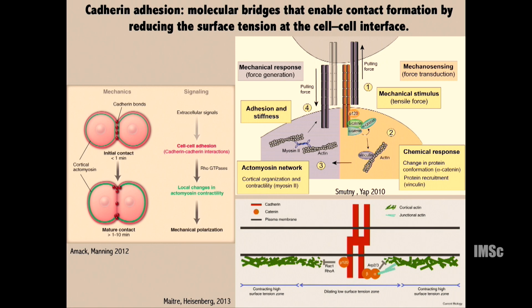So adhesion is another important component of the membrane that can modulate the mechanical properties of the membrane somewhat locally. By that I mean that the formation of these bonds can alter contractile forces generated by the cytoskeleton differentially at the point of contact compared to regions of the membrane that aren't in contact with another cell.